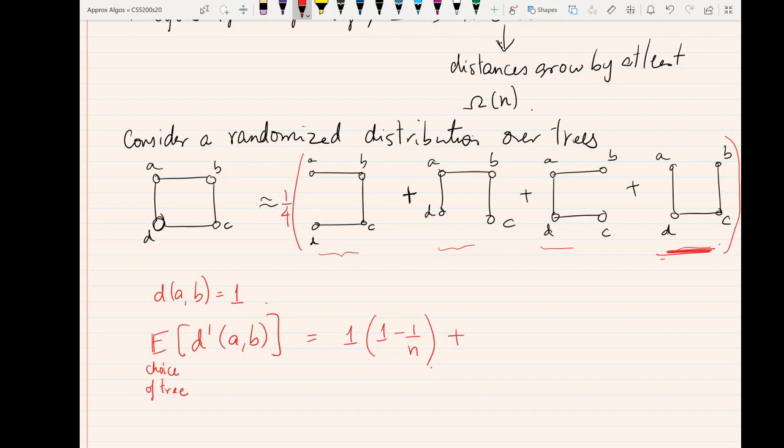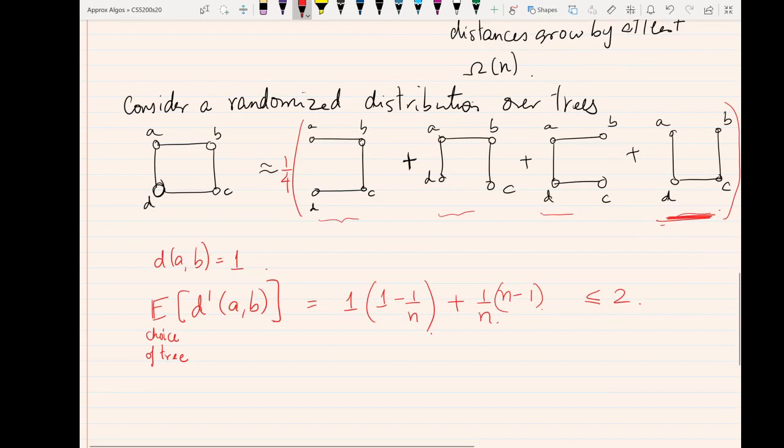So the distance between A and B over here is something like n minus 1 times. But the probability of that happening, of A and B being separated by a large distance, is only 1 over n. And this is less than or equal to 2. In fact, it's 2 minus 2 over n.